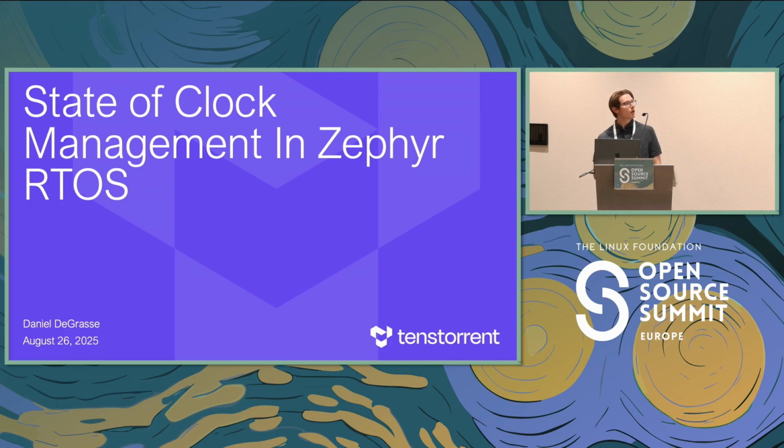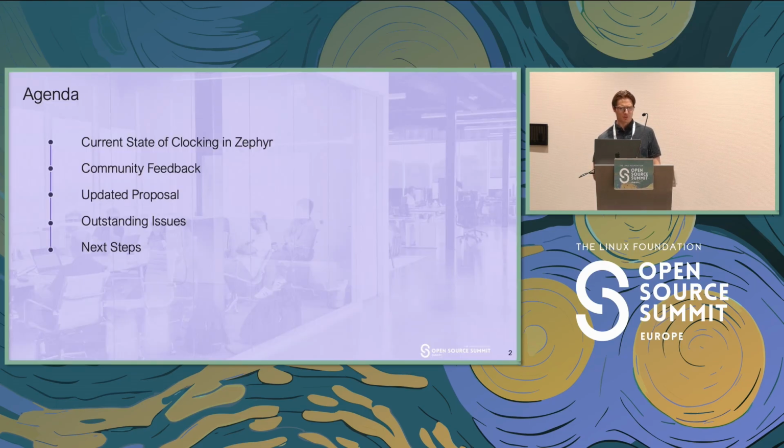So first off, just a brief agenda of what we're going to go over today. If you saw my talk last year, the first bit will be an overview: the current state of clocking in Zephyr and the proposal as it was initially made.